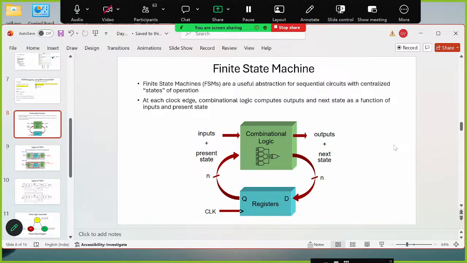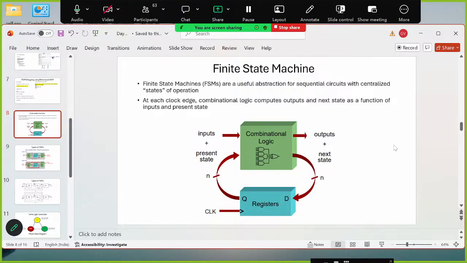Finite state machines. This is a very high level topic which would generally be taught in advanced courses at your BTech level. In your digital electronics, this is taught in the last unit, and most of the time it is just touched upon, not taught in detail.